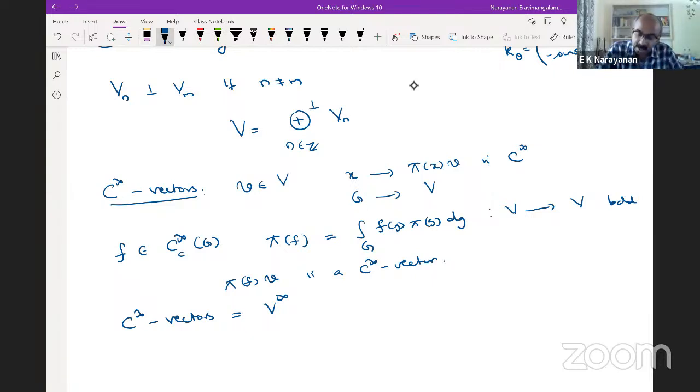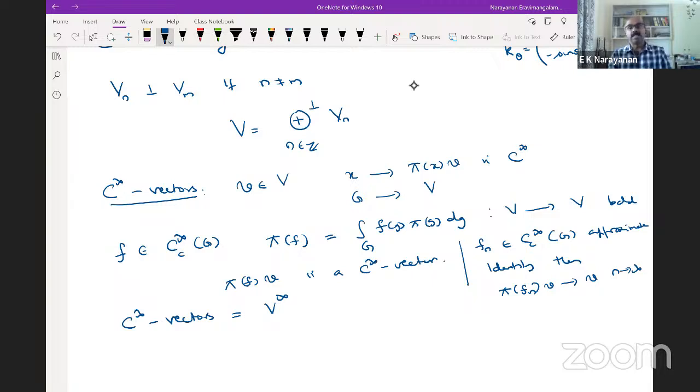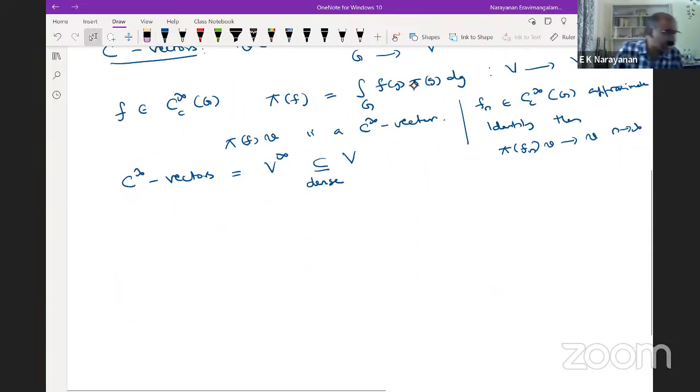If I take a C infinity approximate identity f_n, then it is easy to show that pi(f_n)v converges to v as n goes to infinity, which means that C infinity vectors are dense. So it is a subspace sitting inside the whole Hilbert space as a dense subspace. That's where we are.